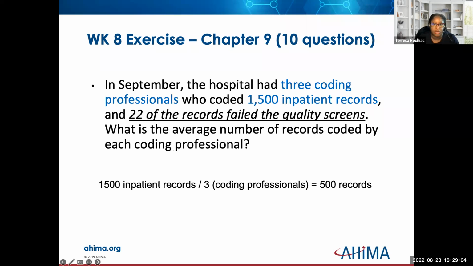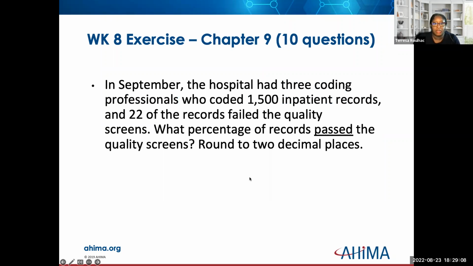Next question that was chosen. Or I should say the second part, guys. So now we're talking about in September, the hospital had 3 coding professionals. What was the percentage of records past the quality screening?